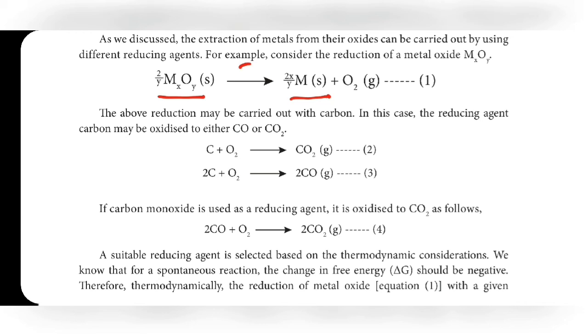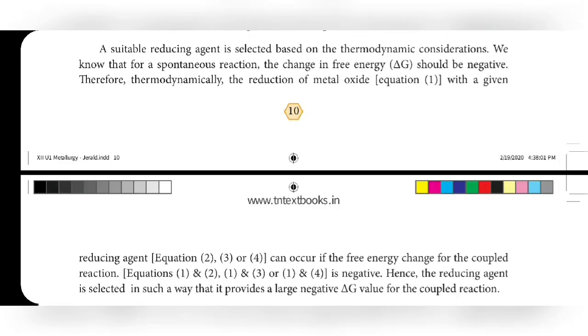If carbon is used as a reducing agent, 2 reactions are possible, forming carbon dioxide or carbon monoxide. If carbon monoxide is used as a reducing agent, this reaction is possible.